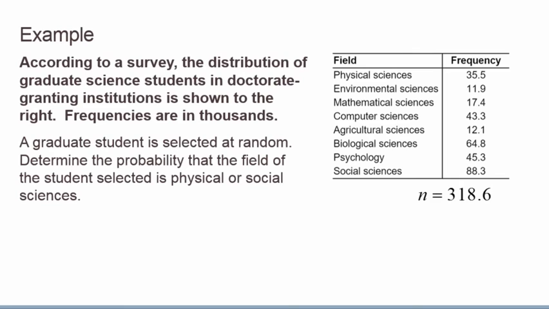Example. We're still using the same survey as the previous example. This time, a graduate student is selected at random. Determine the probability that the field of the student selected is physical or social sciences. First, we want to write the probability of the event. P, parentheses, physical or social sciences.